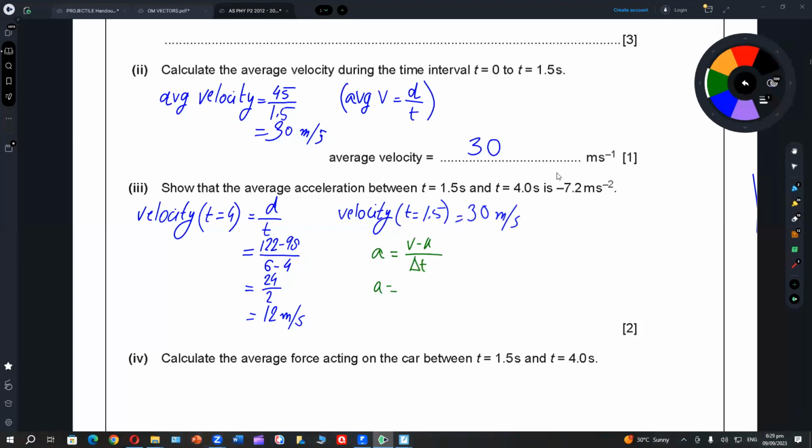So if you put the data now, it's 30 minus 12, and the time is 1.5 minus 4.